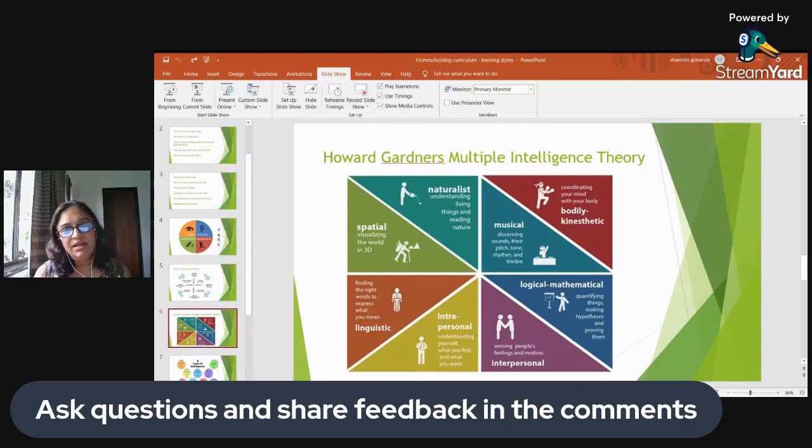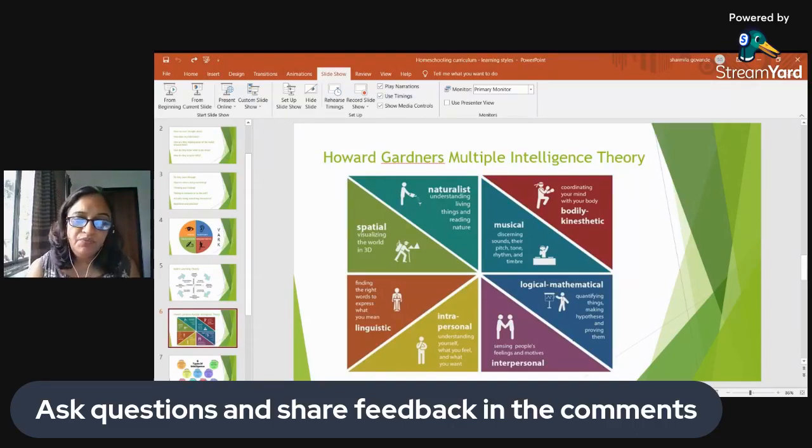There have been many other learning styles developed on the basis of what Howard Gardner talks about in terms of whether you have this intelligence or not. But what he talks about is whether you have that particular intelligence to make sense of the world around you.